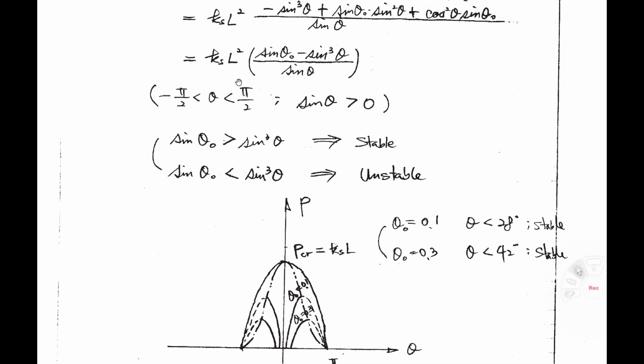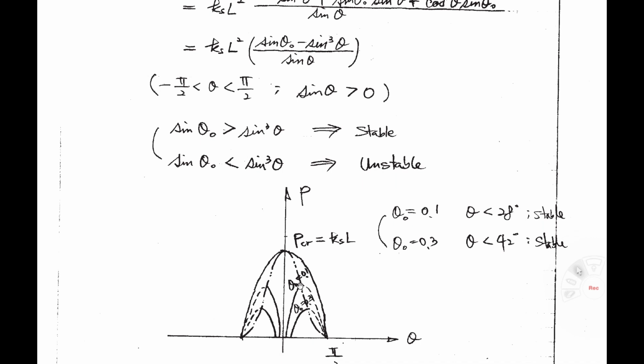From this equation, if we assume the initial imperfection, theta 0 equal 0.1 radian, then you can get theta equal less than 28 degree. Okay, then we get the stable. That means theta 0 equal 0.1, less than 28 degree, then it is stable. That means the curve goes up like that.